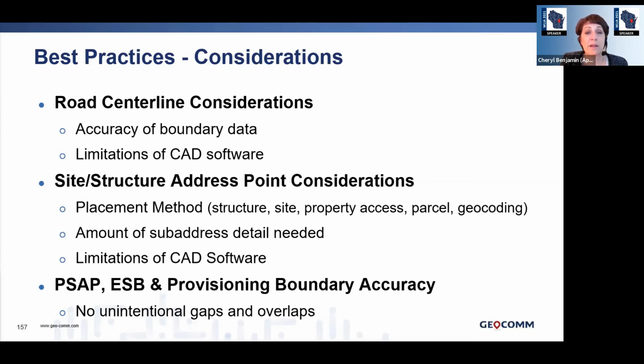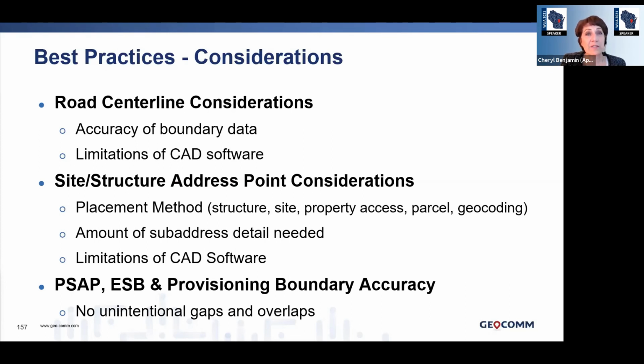So if you have no address points at all and you have to start somewhere, consider the level of detail that you need. Can you start out with just parcel centroids and then over time move them onto structures? Or perhaps if you now have address points, do you really need to go down to the level of a subaddress? Maybe you only deal with the subaddresses that identify individual structures.